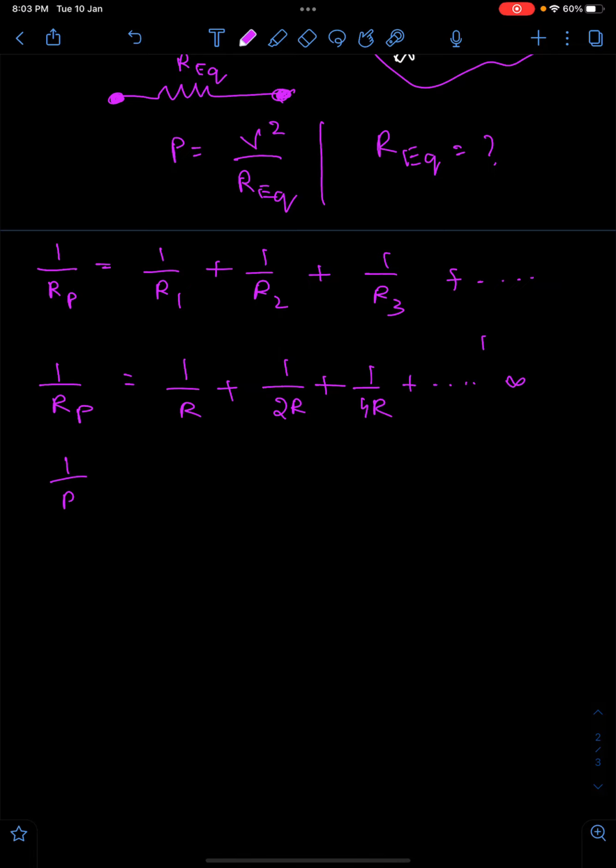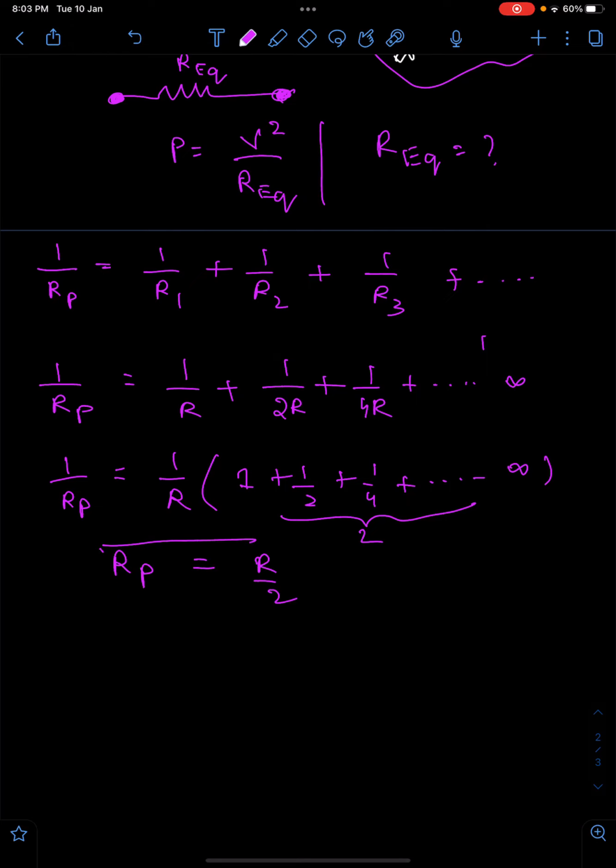So 1 by R parallel is equal to, taking 1 by R common, 1 plus 1 by 2 plus 1 by 4 up till infinity. If you remember solving this, it came out to be 2. So R parallel would be R by 2.